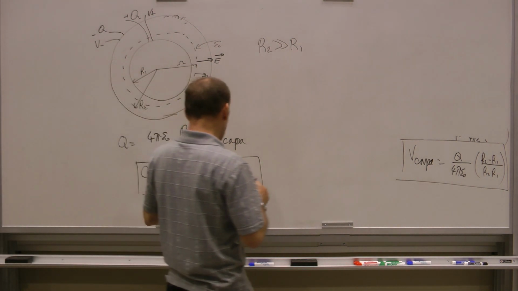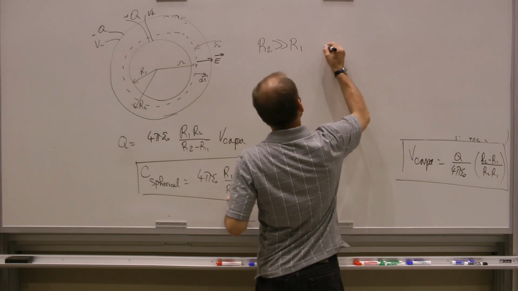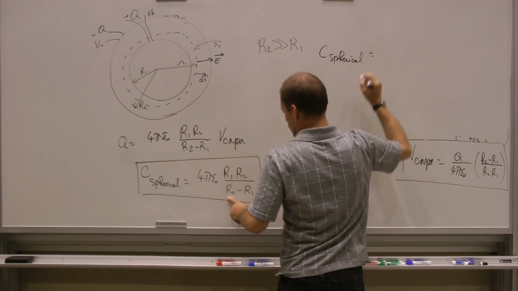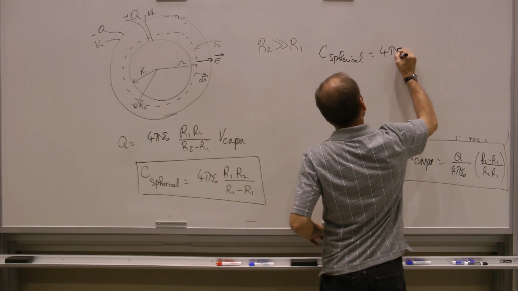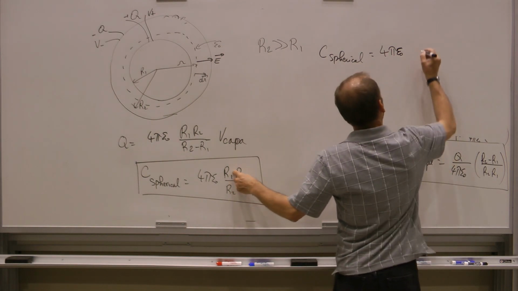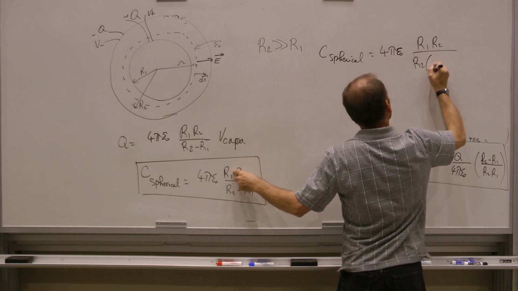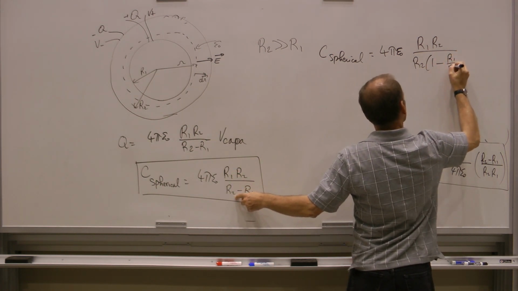And to do that, I'm going to factor out the big term in the denominator. So the capacitance for the spherical capacitor is equal to 4 pi epsilon 0 R1 R2 divided by R2, and then I'm left with 1 minus R1 over R2.